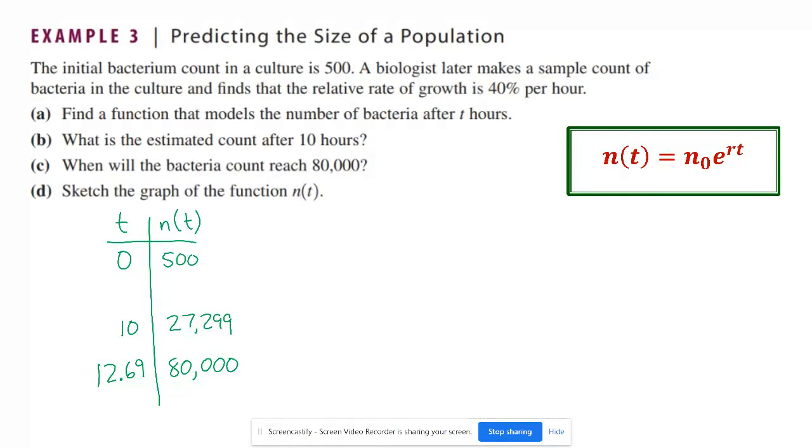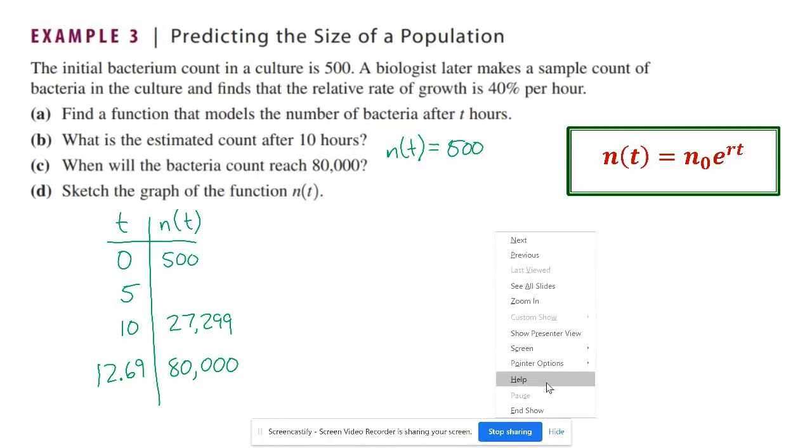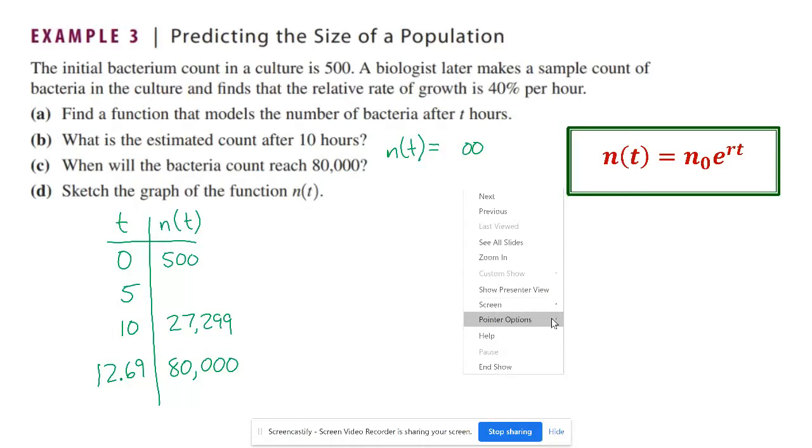I'm going to plug in one more just to get a little bit clearer picture, since I've got a big gap from 0 to 10. I'm going to plug in a 5. So what that's going to look like is N of t is equal to 500 e to the 0.4 times 5.